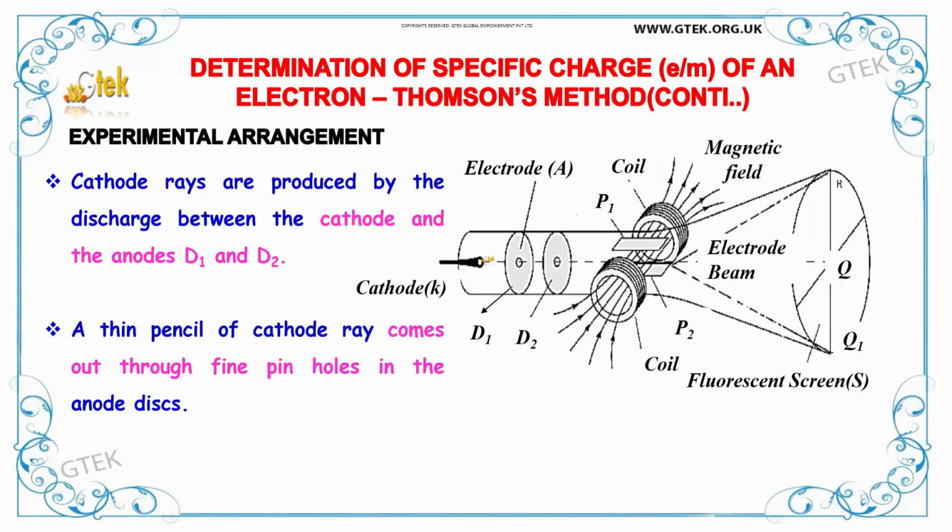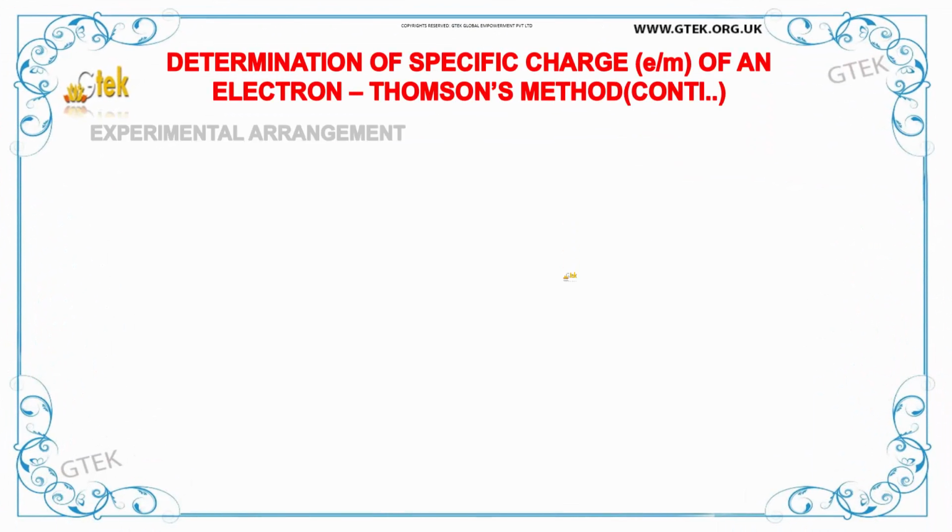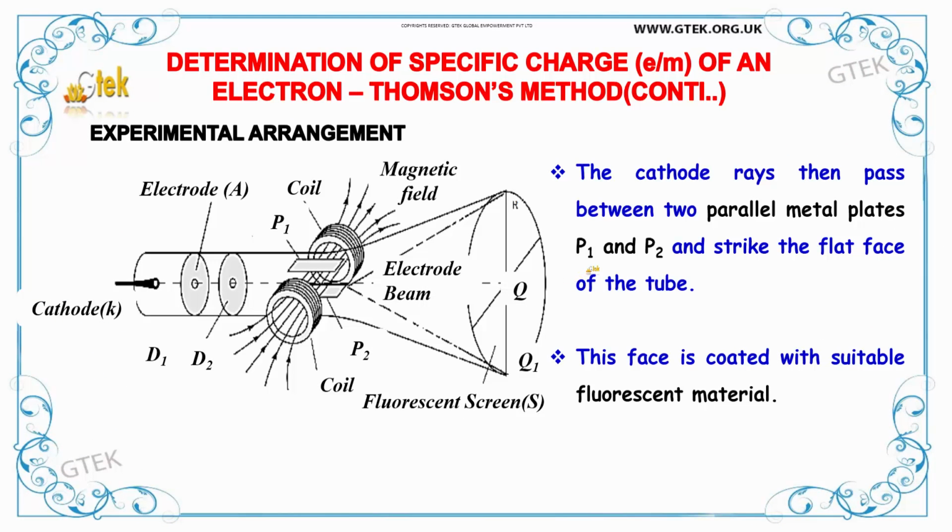A thin pencil of cathode ray comes out through fine pin holes in the anode disc. The cathode ray then passes between two parallel metal plates P1 and P2, here between these two plates, and strikes the flat surface of the tube.